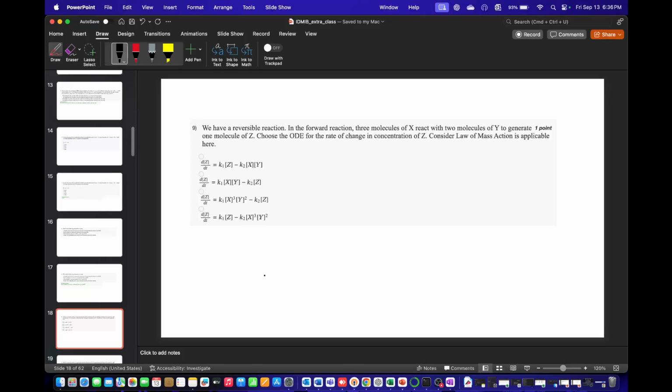Okay. So the equation is 3 molecules of X react with 2 molecules of Y to generate 1 molecule of Z. So the reaction is 3X plus 2Y reversibly giving 1 molecule of Z. If your forward reaction is K1 and your reverse reaction is K2, then dz/dt: Z is getting generated from X and Y, which have coefficients 3 and 2.